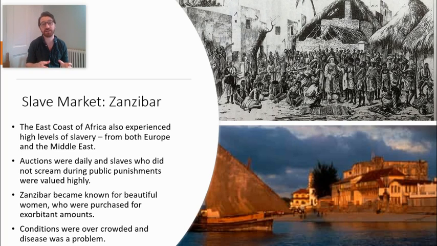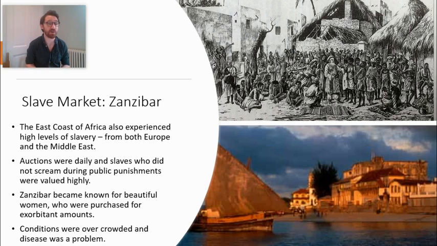These slaves are then taken from inland along the rivers back to slave markets for the exchange with the Europeans who have offloaded, usually on small island ports. And an example that I'm going to give to you today, well, there are hundreds, is the interesting example of Zanzibar. Now, the reason I picked this example is because it's actually on the east coast of Africa.